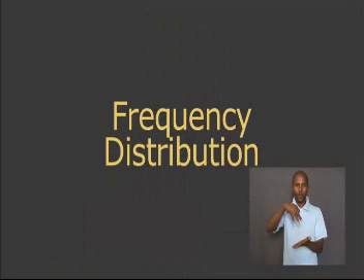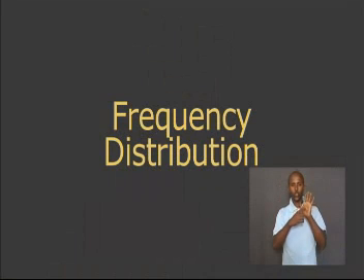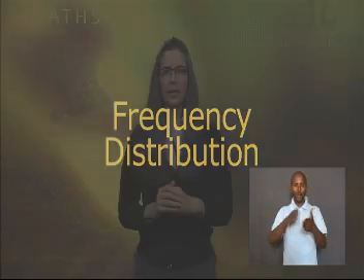Frequency distribution is a table which shows a list of all values of data obtained and the number of times, or frequency, these values happen. This data will be organized into a grouped frequency distribution table to make a large amount of data easier to understand.